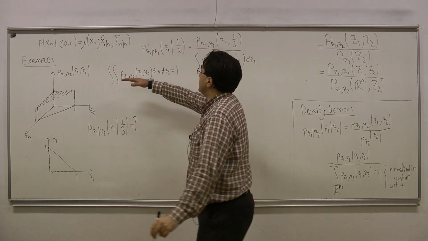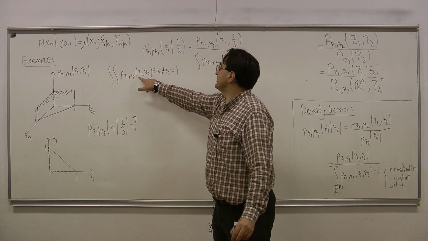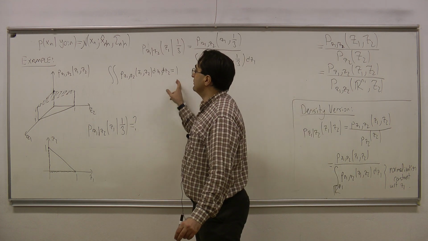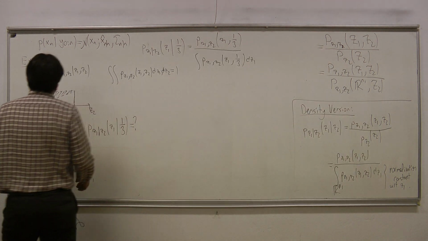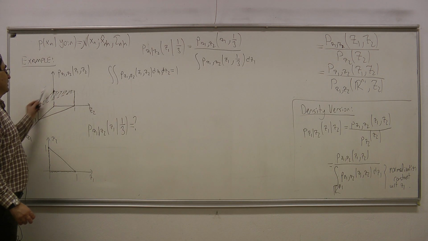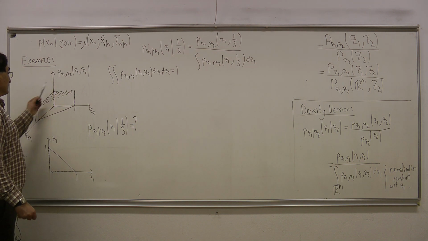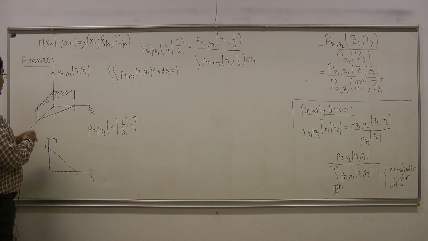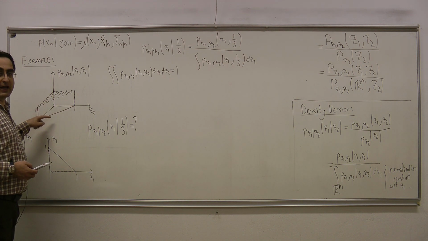I know that any density function, if integrated with respect to all of its arguments, should integrate to 1. So as a result, when I take the integral of this joint PDF over this triangle, the integral should be 1. But this integral is going to be the area of the base, which is the area of this triangle, times the height. Okay?